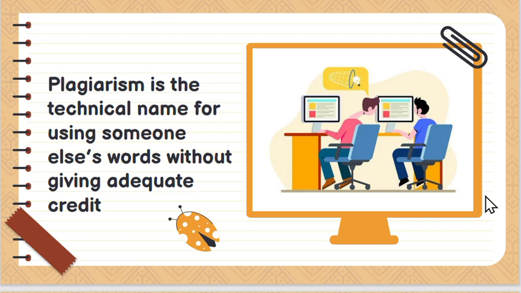As I told you, plagiarism means using someone else's definition, explanation, ideas, words, whatever, without mentioning the original author of this opinion. So plagiarism is the technical name for using someone else's words without giving adequate credit.